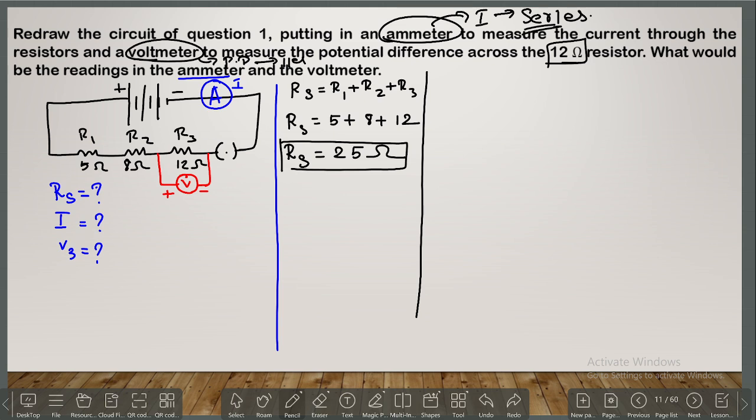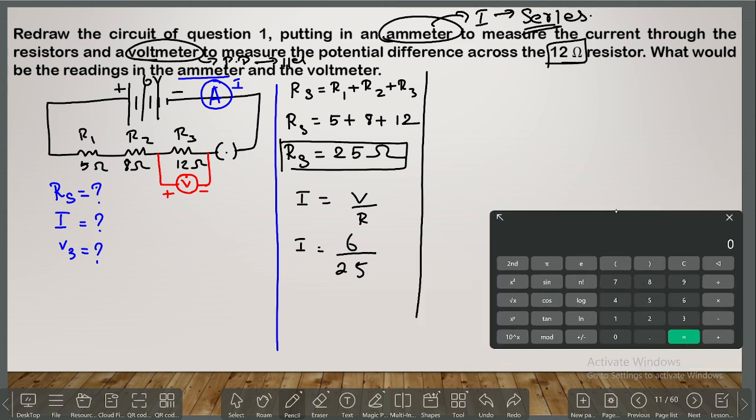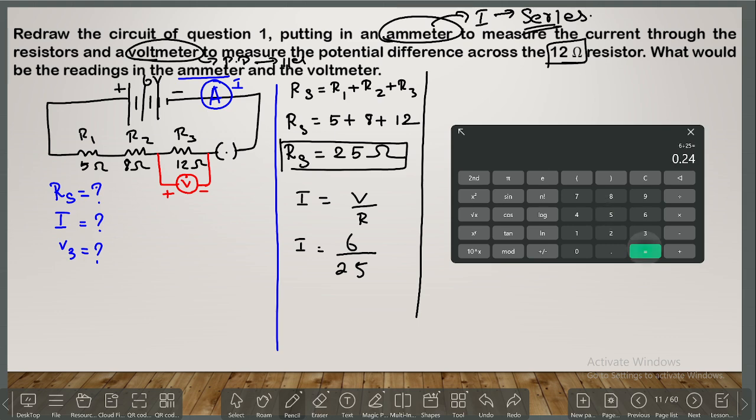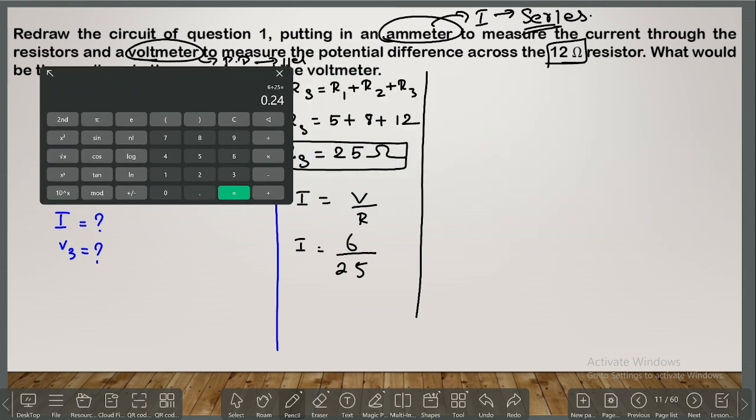Now we need to calculate the current. So I is equal to V by R. What is the value of V? It is given in the cell, that means the total potential difference, 6, divided by the R we calculated, 25. 6 divided by 25 will be equal to 0.24 ampere.